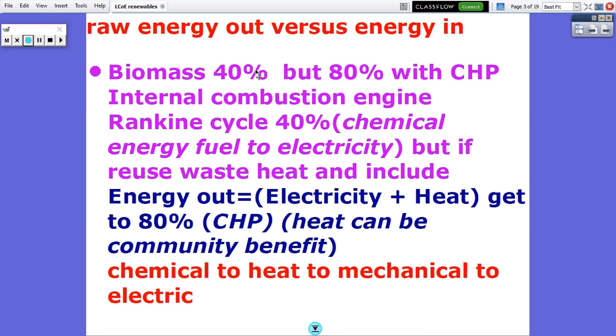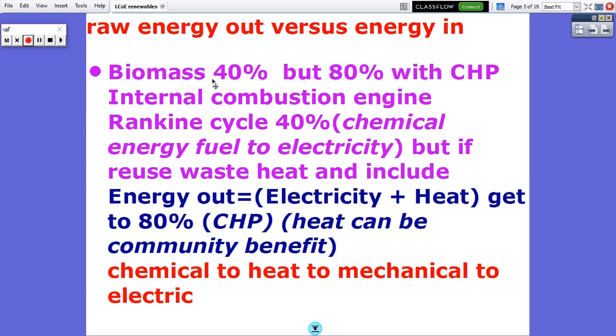Just to be clear about load factor and efficiency, efficiency is separate from load factor. Load factor is how much time you can actually generate that rated power. In terms of raw energy out versus energy in for biomass, we're talking system efficiency of 40%. That comes down to the Rankine cycle for an internal combustion engine.